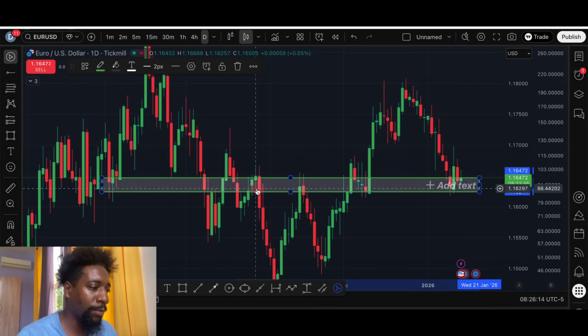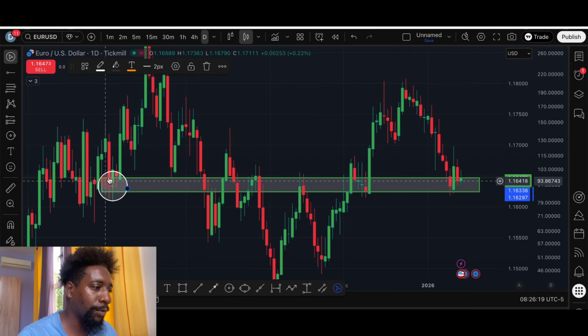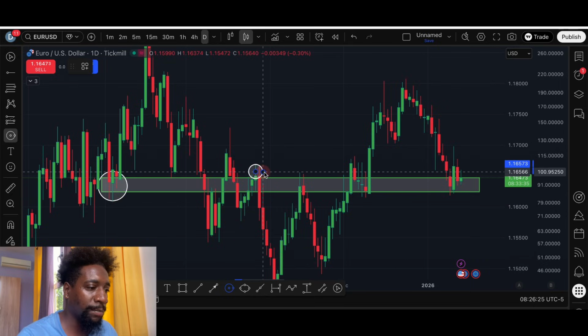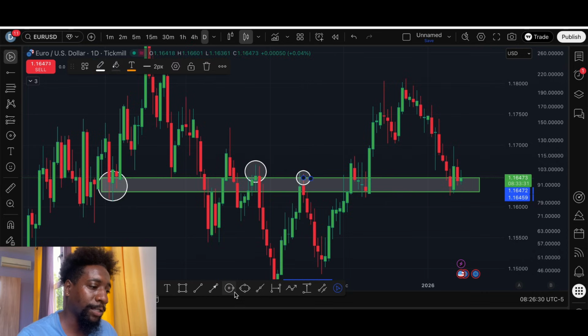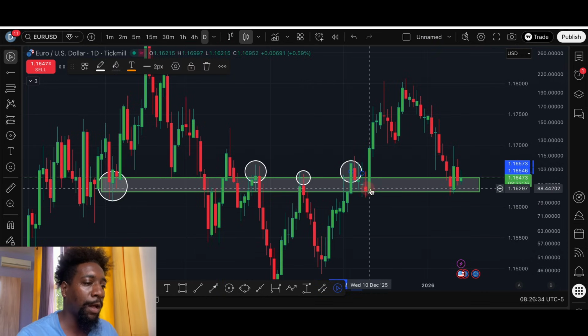Support means it was a floor, so as you see here, this is kind of like a floor where it popped back up. Then once you come this way, we see that this became a ceiling a couple times, 3 times actually. So this is telling me that this is a strong level of reaction, whether it's going to be buyers or sellers.